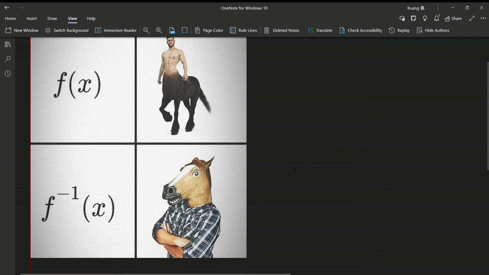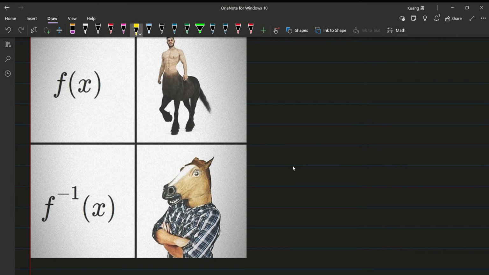Okay, in this video, we will talk about inverse function. So what is the inverse function of a function? Let's say the function is 3x plus 5. This is the notation of inverse function.